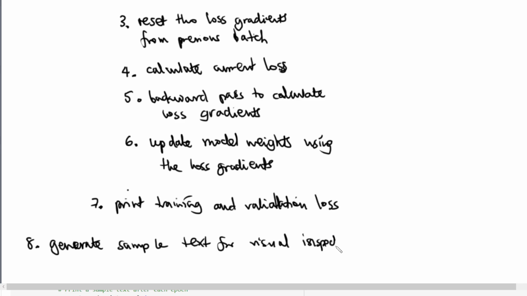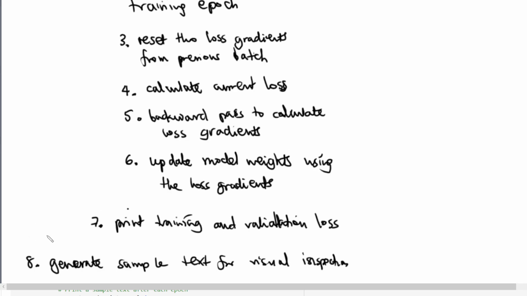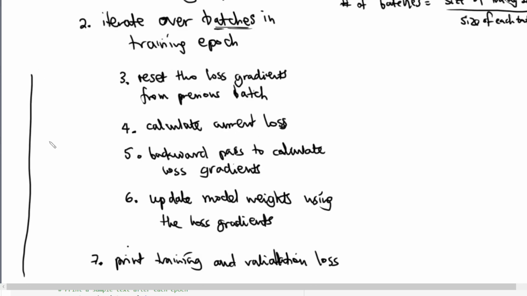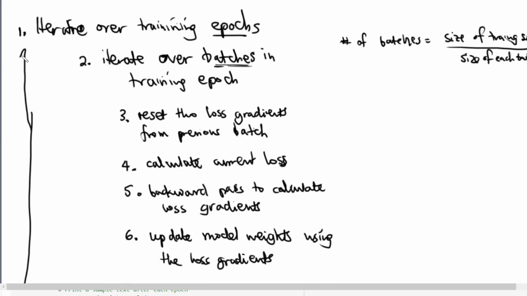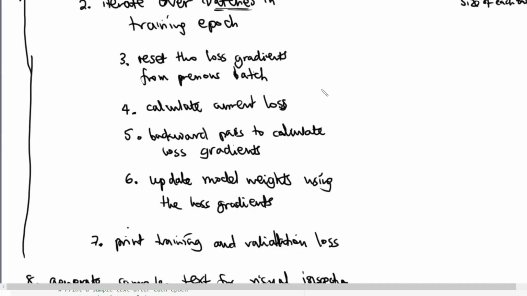So that's what we are going to do here. After an epoch is done, we then generate simple text and we go back up, and then we move on to the next epoch. So this part here is what we are going to do. These are the usual steps used for training deep neural networks in PyTorch.